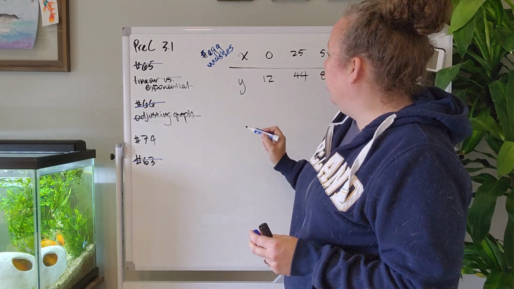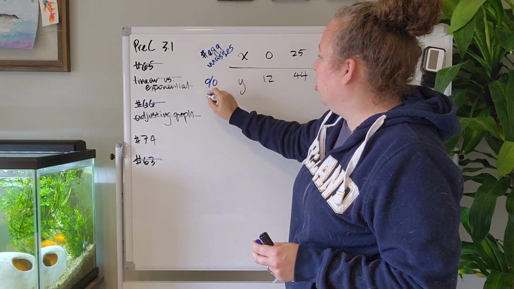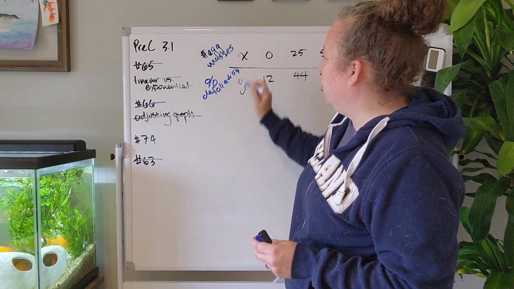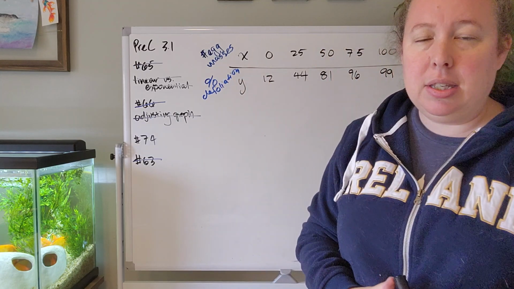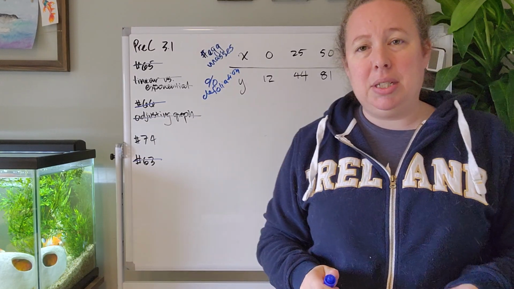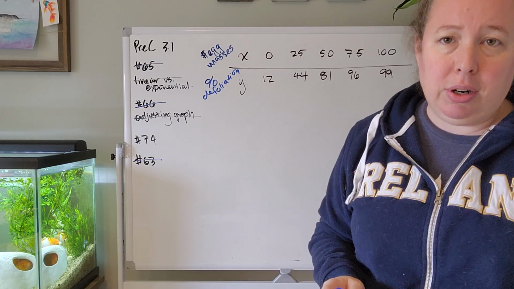And this is the percent defoliation. This is the experimental data. It's not stated explicitly in the problem, but we can infer it.